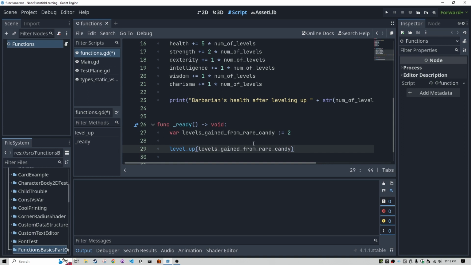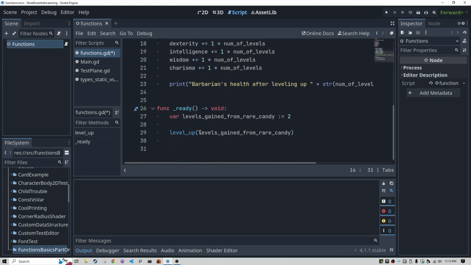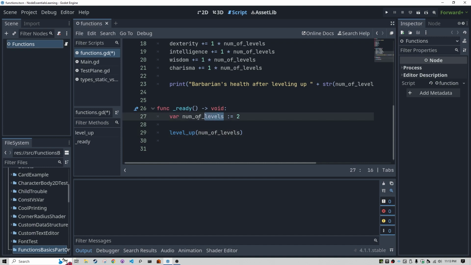And this tends to throw people off because what I see from new students a lot of times is they think that because up here the parameter is named number of levels, then this has to be named number of levels. Like they think that they have to have the same name. They could, but they don't have to.